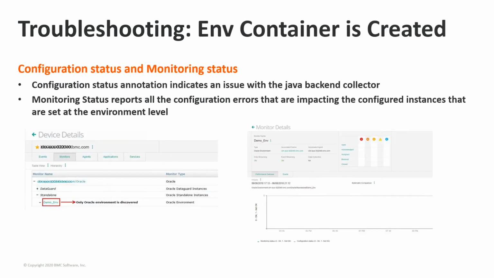When the environment container is created, configuration status reports any issue with the Java backend collector. As the Java process is very important, it has its own attribute. Monitoring status reports configuration errors that are impacting all the configured instances that are set at the environment level.